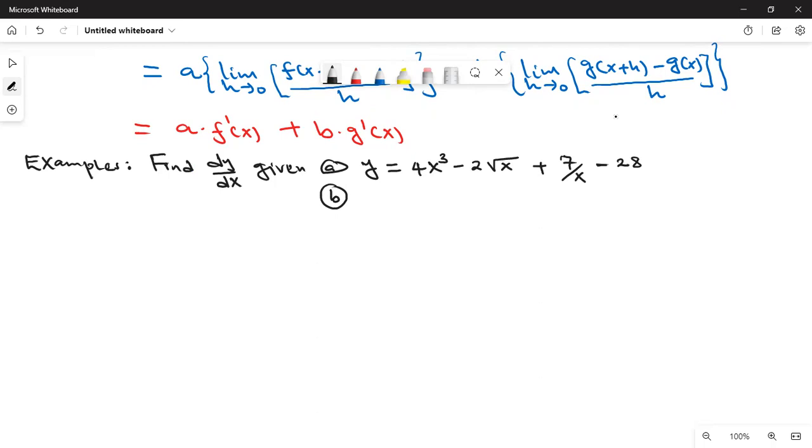So let's say you're given that y is equal to 4 over root x, let's say minus 1 over x cubed.